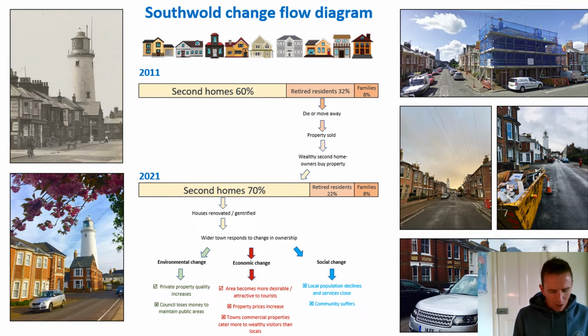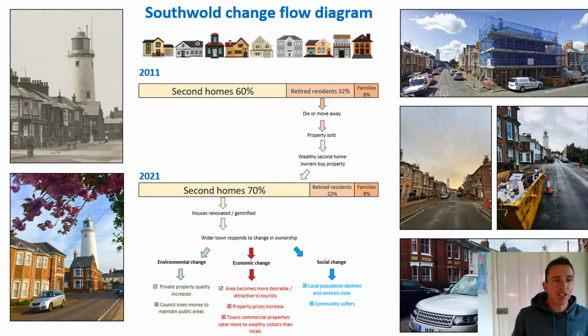But we have this obvious disparity, this difference between the very well kept, very manicured and almost pristine private spaces in Southwold, and then in contrast, the really shabby, unloved, unmaintained public spaces in Southwold.